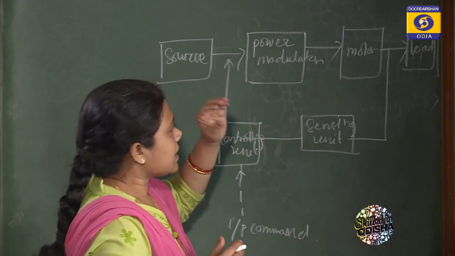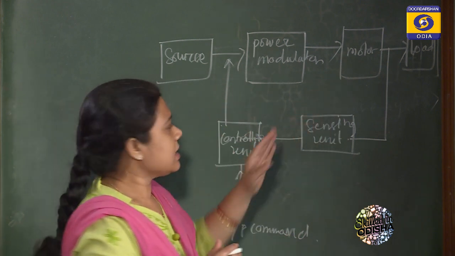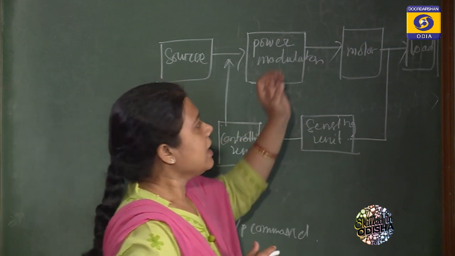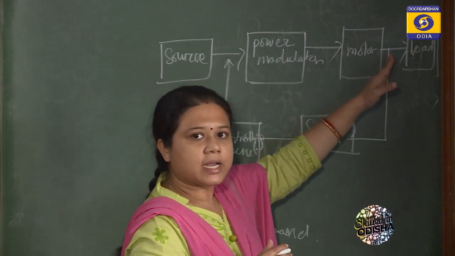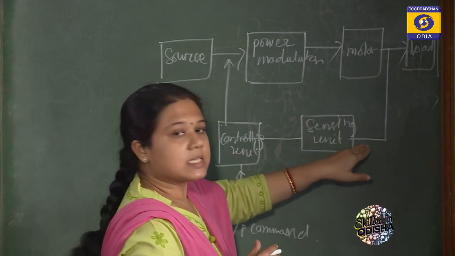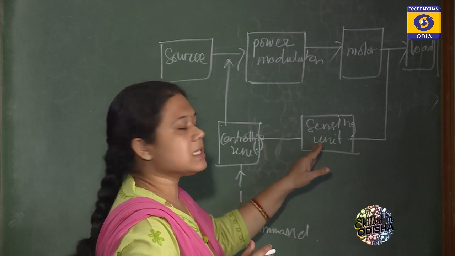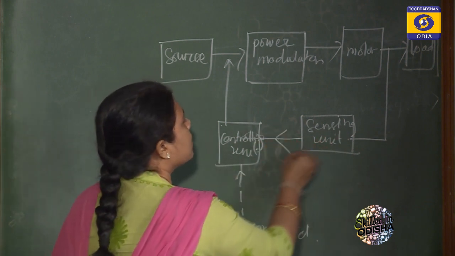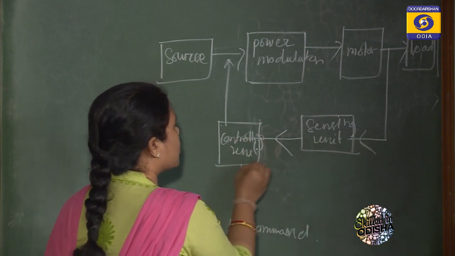So what happens if there is any error? This is one example of closed loop system. If there is any error, that means at this point we are not getting the desired output, then this signal will be fed back to the sensing unit. Then the output of this sensing unit will be controlled by this controlling unit.